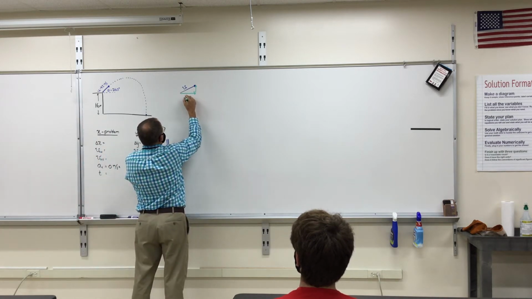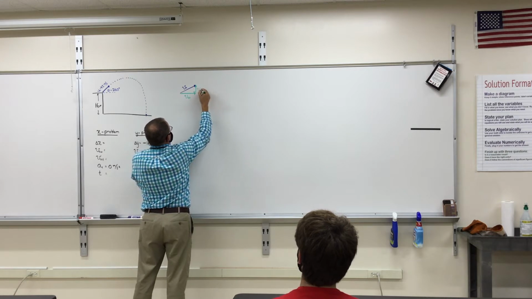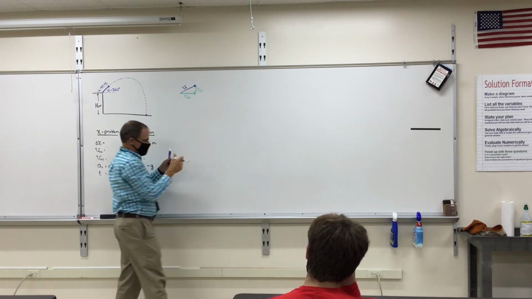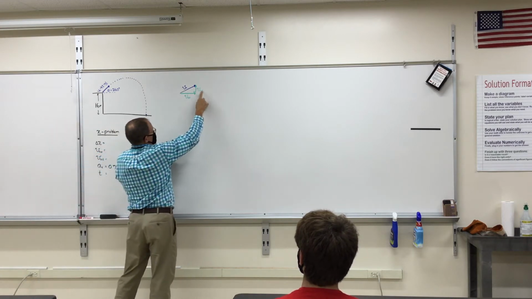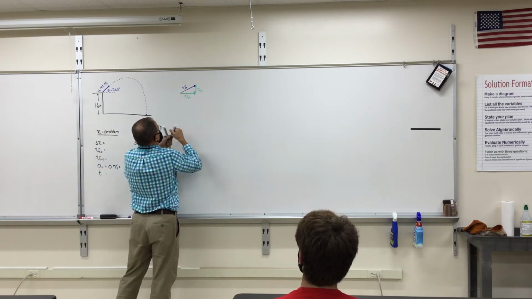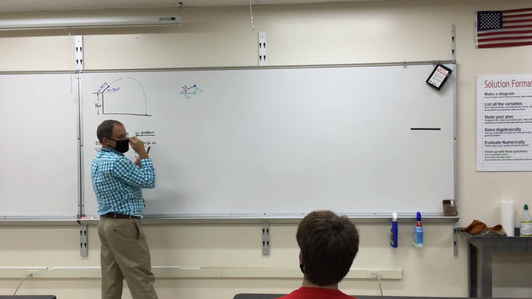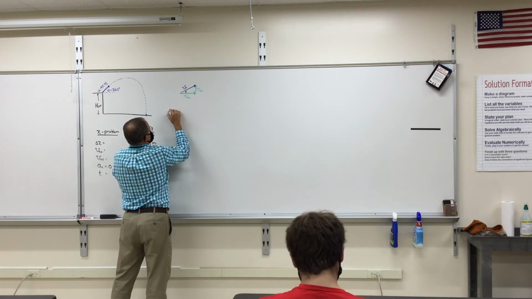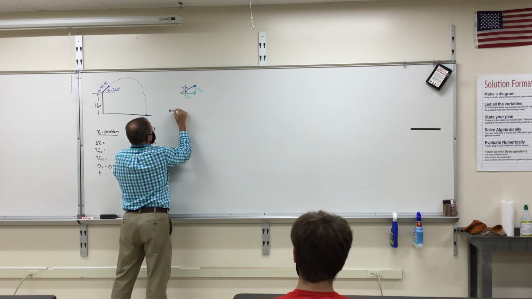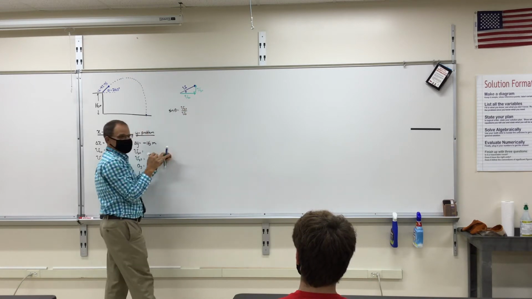Then you can find the velocity in the x direction initial and the velocity in the y direction initial using a little bit of trig. Okay? Because the velocity in the y direction is opposite the angle, I better put the angle in there, we're going to use sine. So the sine of the angle equals the opposite, the velocity in the y initial, divided by the hypotenuse, which is the initial velocity.